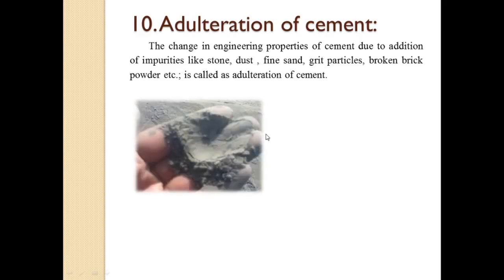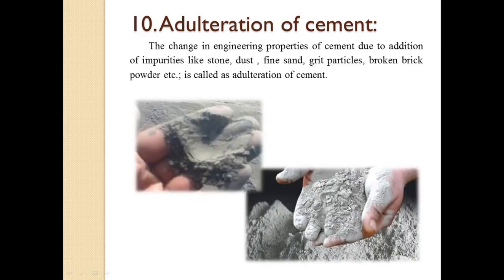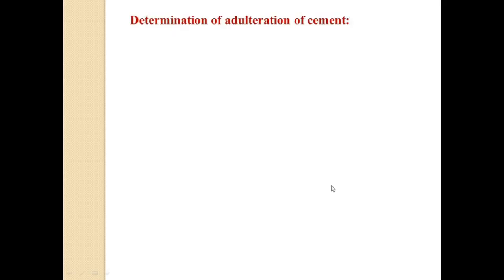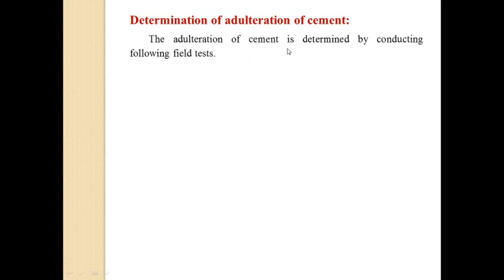Visible lumps may be seen in cement bags. Okay. So how can we determine this adulteration of cement? Some field tests are conducted on cement to find out the adulteration, which are similar to the field tests we discussed earlier in the section on field tests of cement.